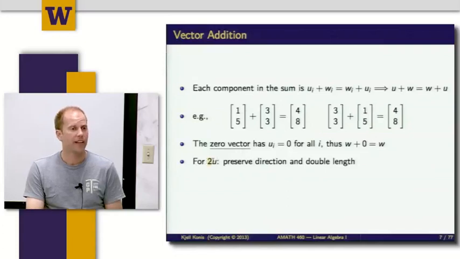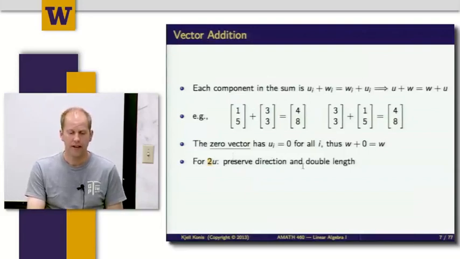If I scale a vector, here I've used 2, but in general this could be any real number c. To preserve the direction, it can be any real number except for 0. If I put 2 here, it's going to double the length. If I put an arbitrary constant c here, it'll be c times the length.